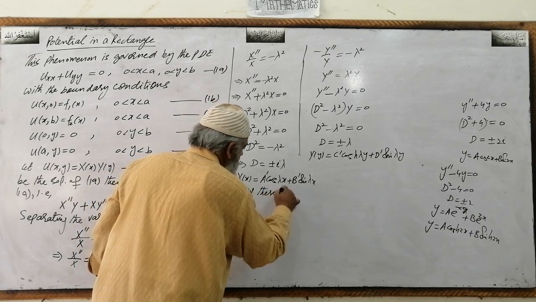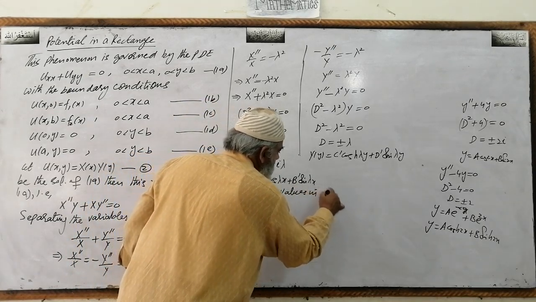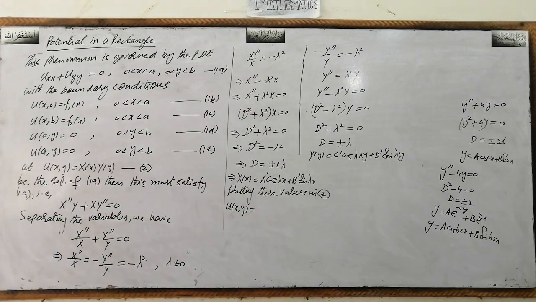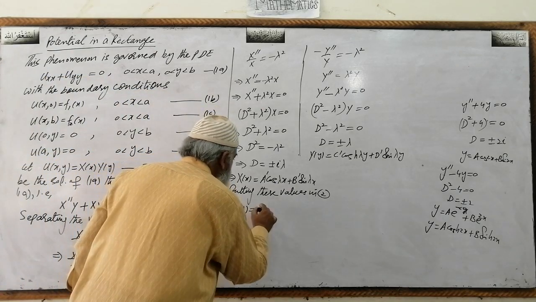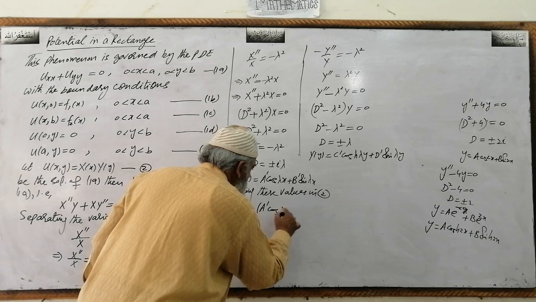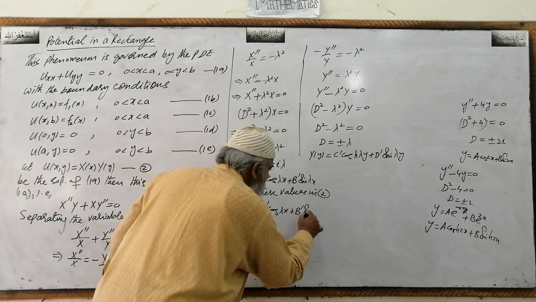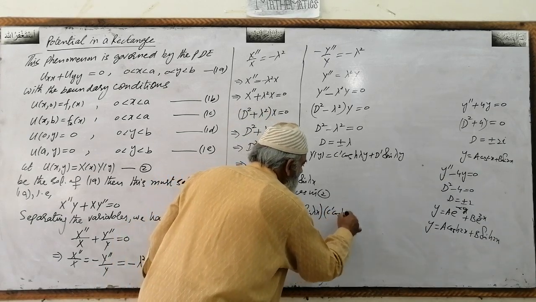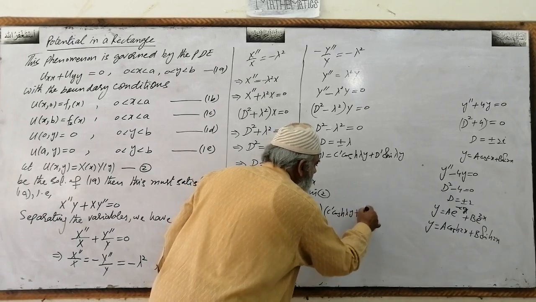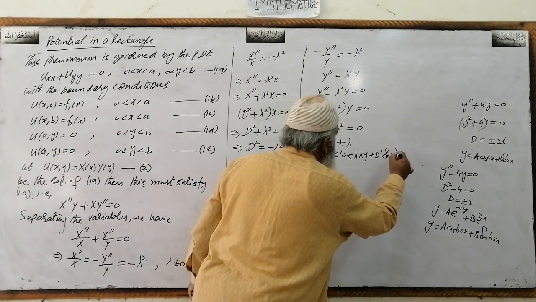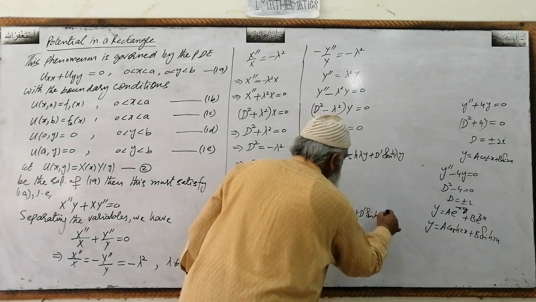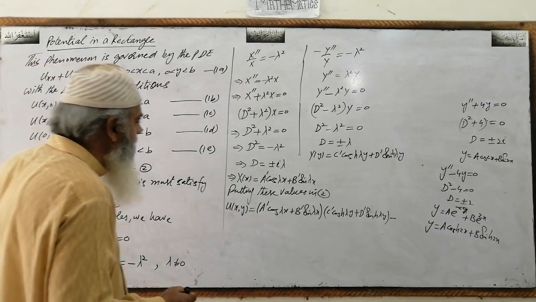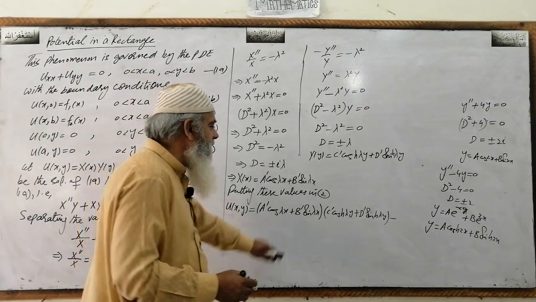we will have u(x,y) is equal to X of x times Y of y, that is (a dash cos lambda x plus b dash sin lambda x) times (c dash cos hyperbolic lambda y plus d dash sin hyperbolic lambda y), and this is basically the solution in which we have to find the four constants a dash, b dash, c dash and d dash.